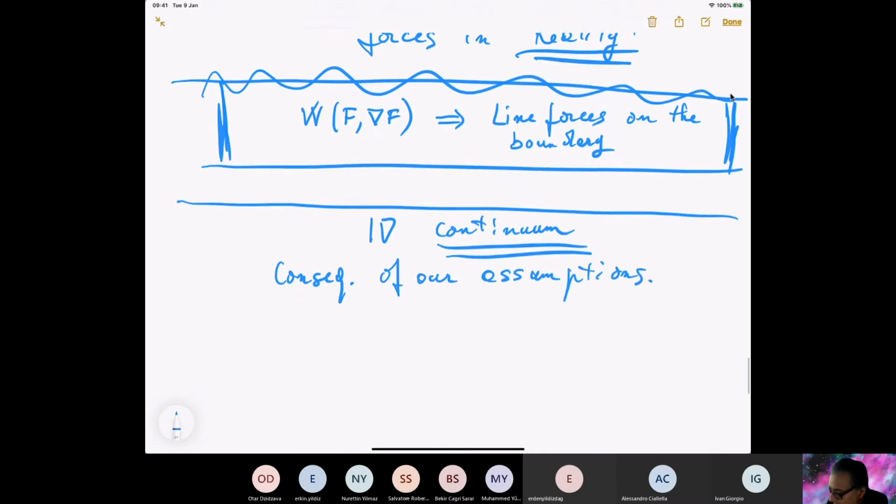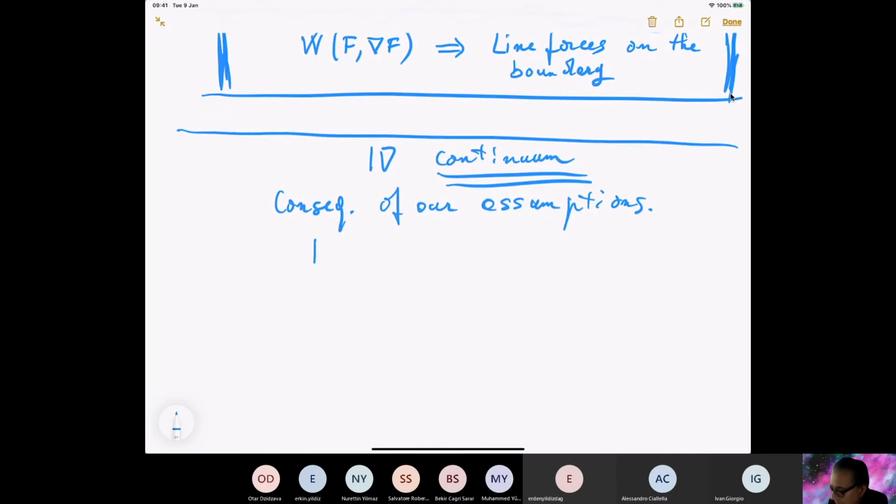We can call the consequence I want to discuss today the theorem of Piola about balance laws.